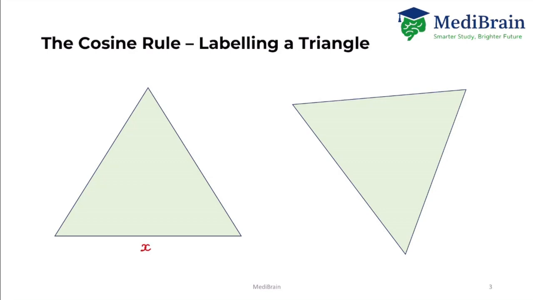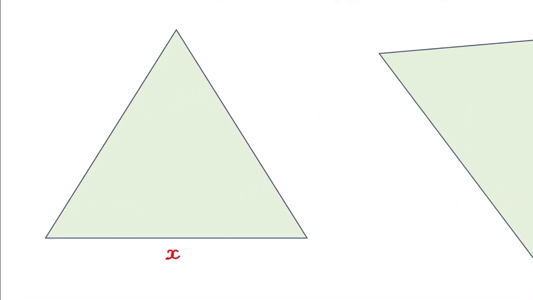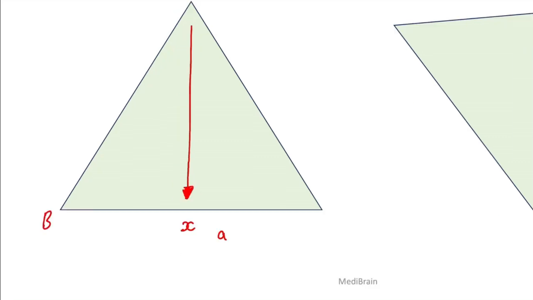That's our x. So we would label this corner as A, because it's the corner which is opposite the x. And then the side which is opposite, we would label as lowercase a, and then the B and C can be in any order. So I'll just label that as B and that as C. And then the side opposite it will be lowercase b, and then the side which is opposite this will be lowercase c.